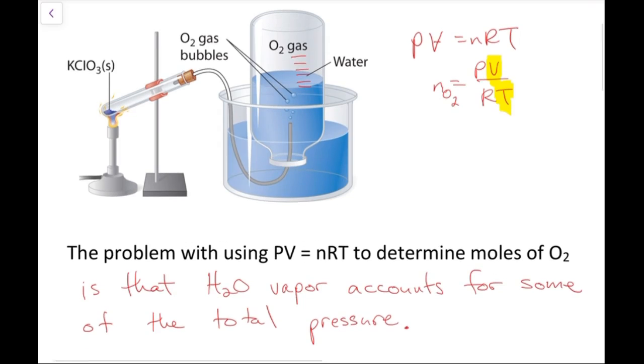So what we're going to have to do before we plug in the pressure here and call it the pressure of oxygen, we have to subtract the amount that is due to water vapor. And I'll get to where we find that number here in just a second.